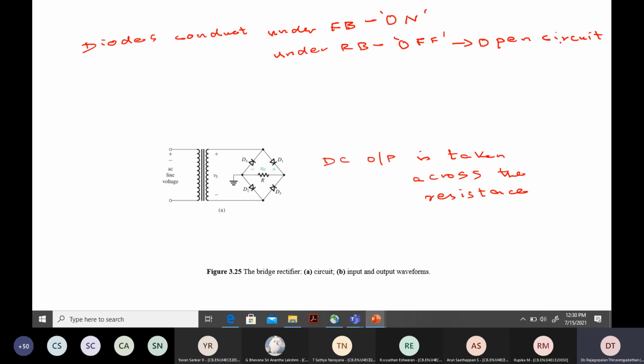So there is no path for current flow here. In the on state, it is short circuit after the 0.7 volt for silicon based diode, 0.3 volt for germanium based diode, if we take the constant drop model. So the diode does not conduct in reverse bias.